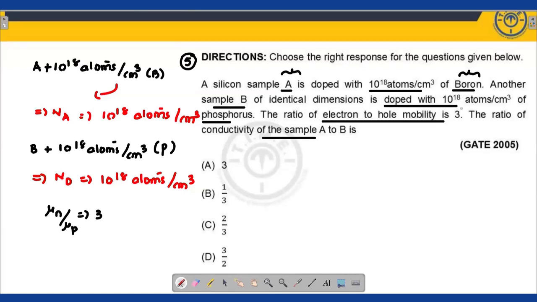This time he has given 3, not 1 by 3. Now he is asking the ratio of conductivity of sample A to B.